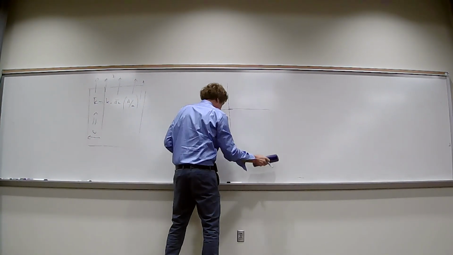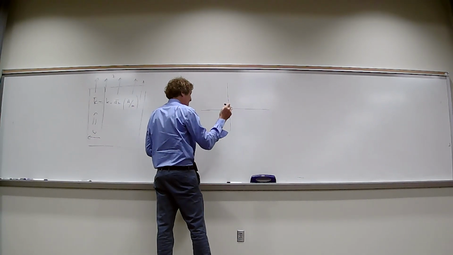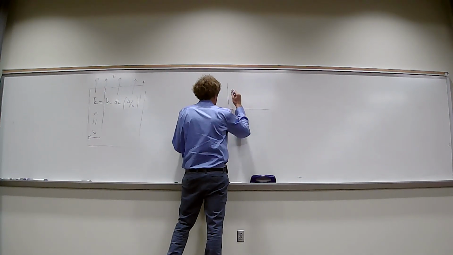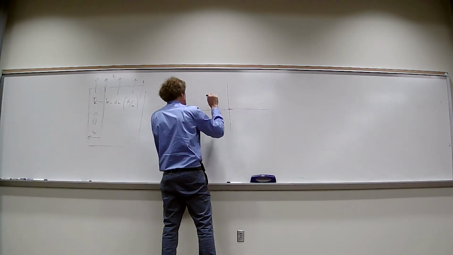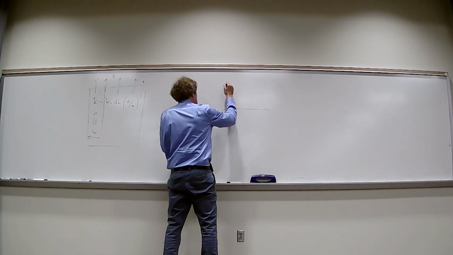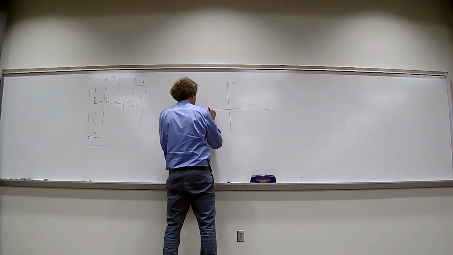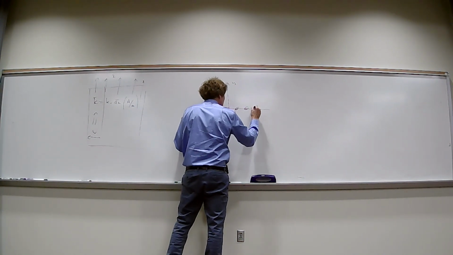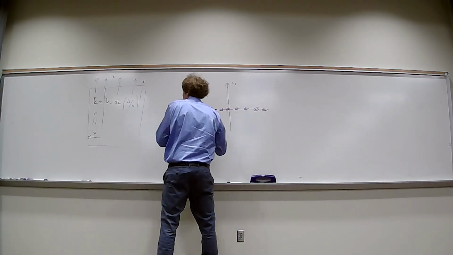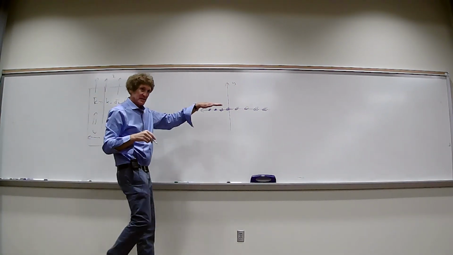If this was x and this was y, then z would be into the board, and the current would be going into the board everywhere here. I've taken this and flattened it out so we're looking down its axis. This is into the board.